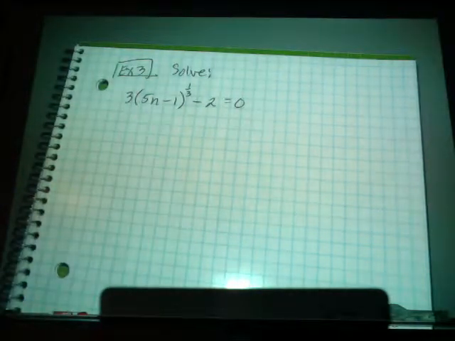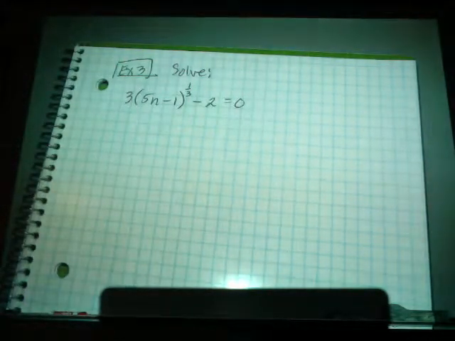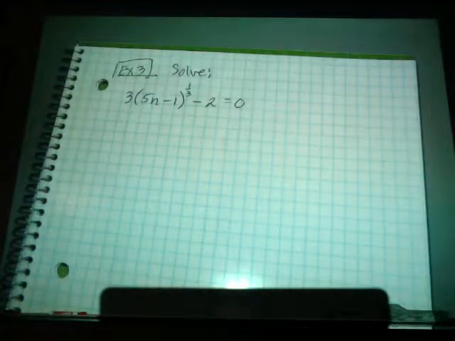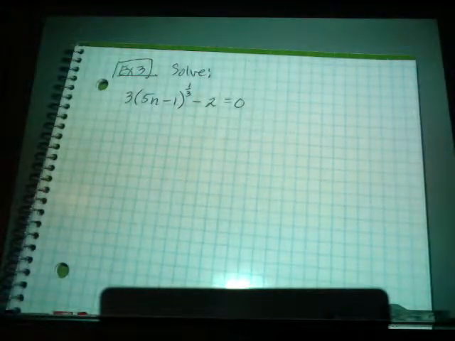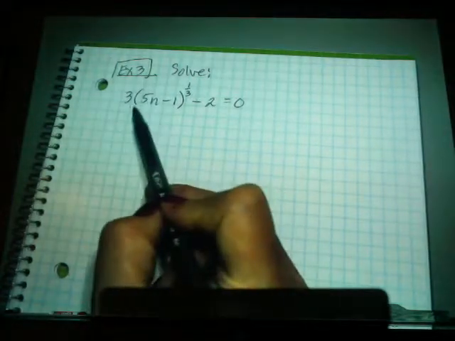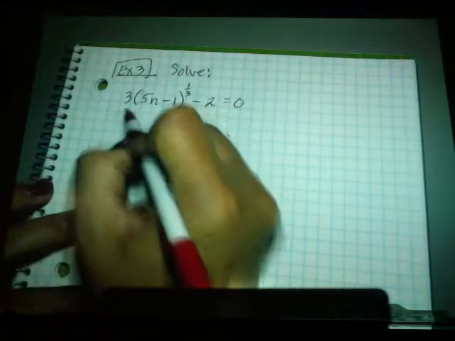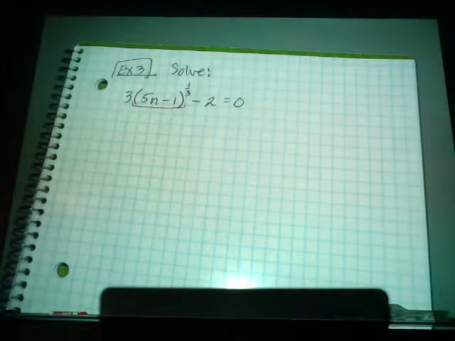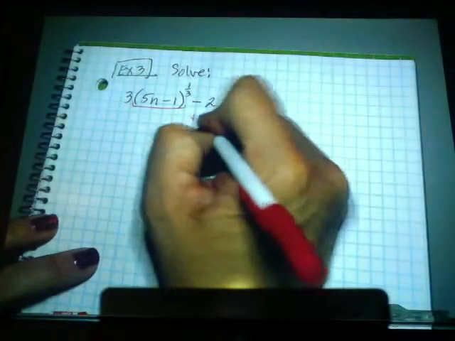So if I have a root, what do I want to do with a root? To solve a problem, get it on one side by itself, right? So I need to get just the parentheses here, just this part on one side alone. So how do I start? Add the 2.